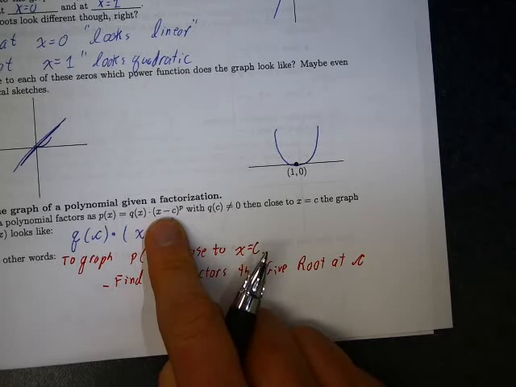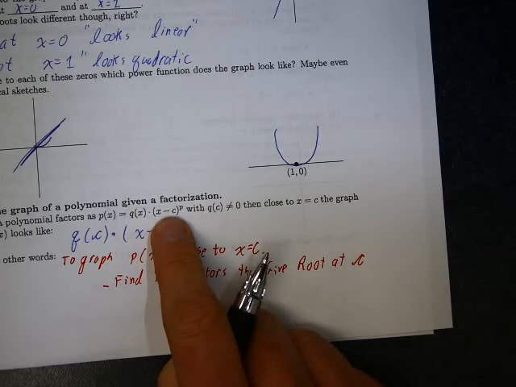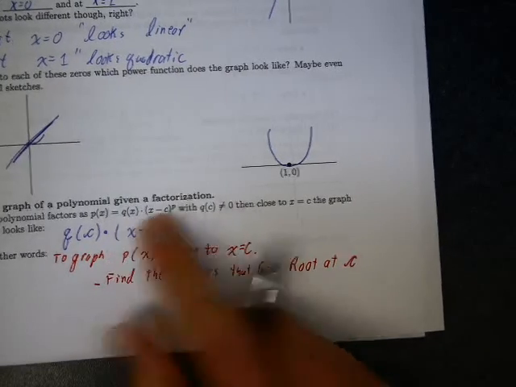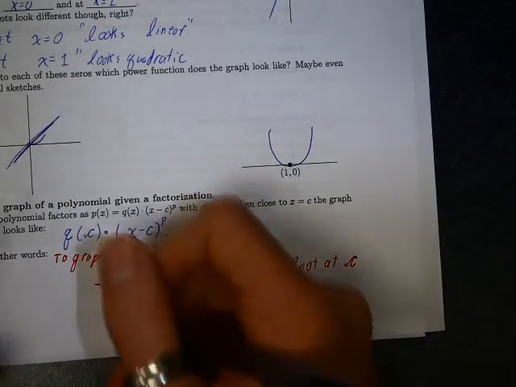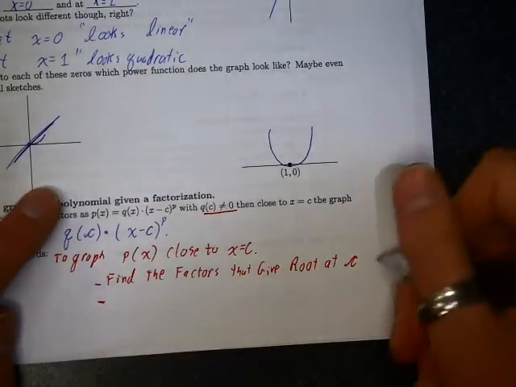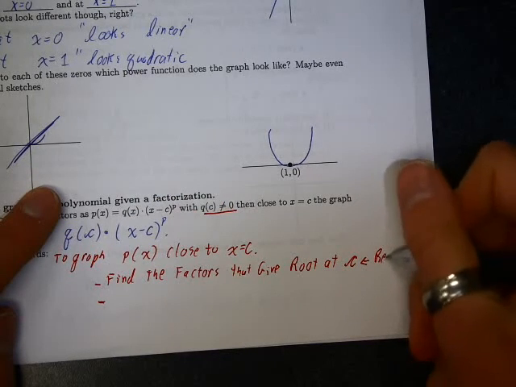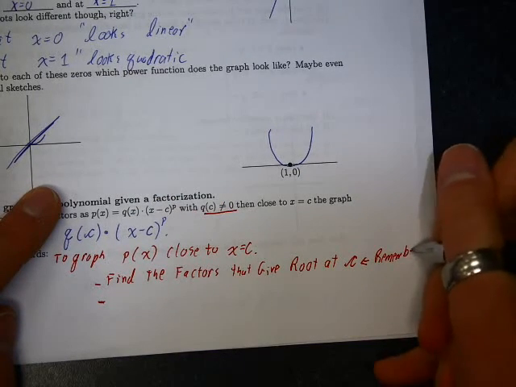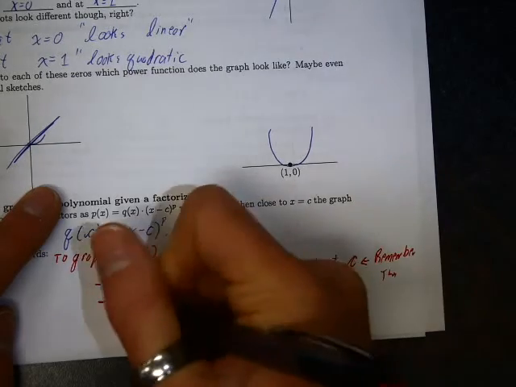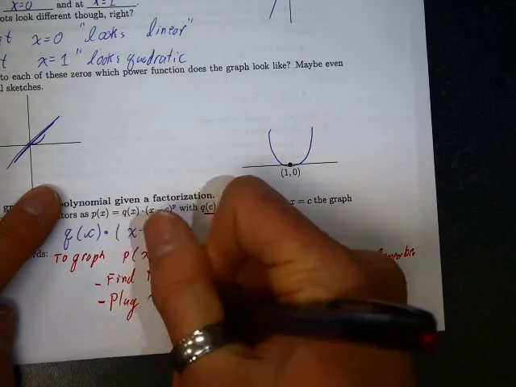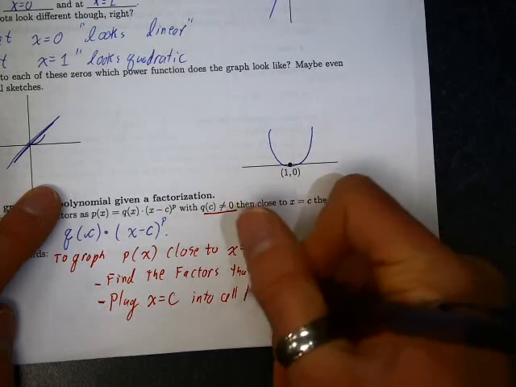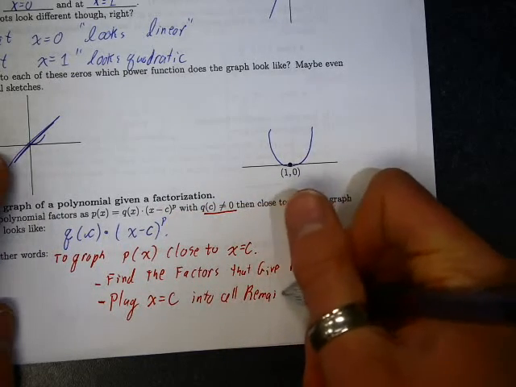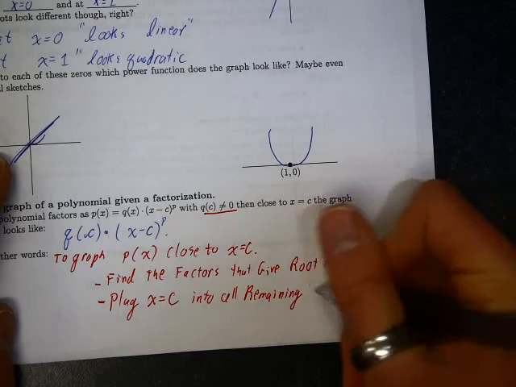If you plug in x equals c, this term becomes 0. That term, by assumption, does not become 0. And remember these. And then just plug x equals c into all remaining factors.